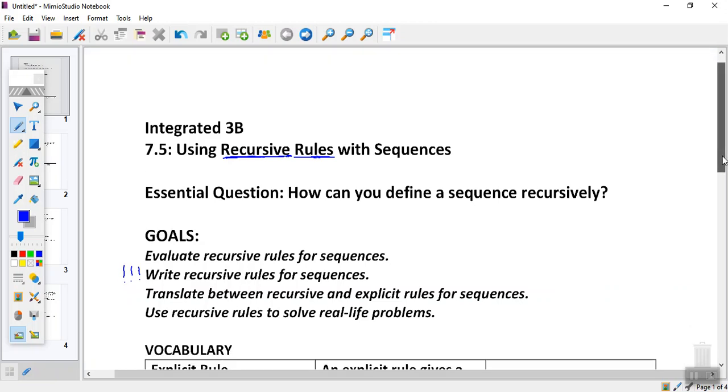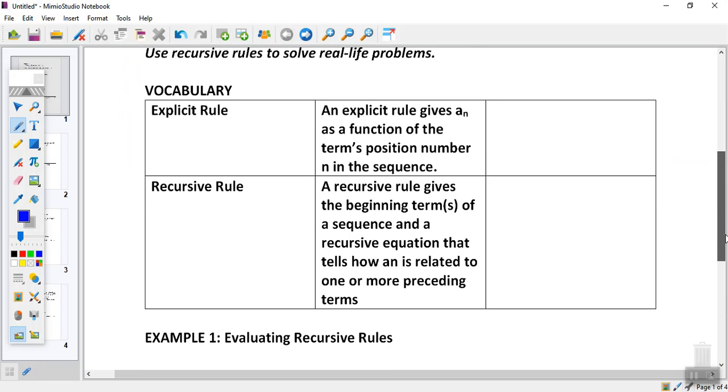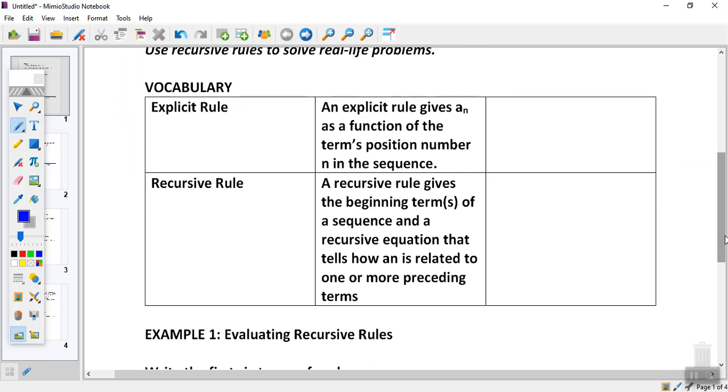Okay, so the vocabulary, here we go. Two words, pretty easy. The explicit rule. You've done this. An example might be an arithmetic sequence.